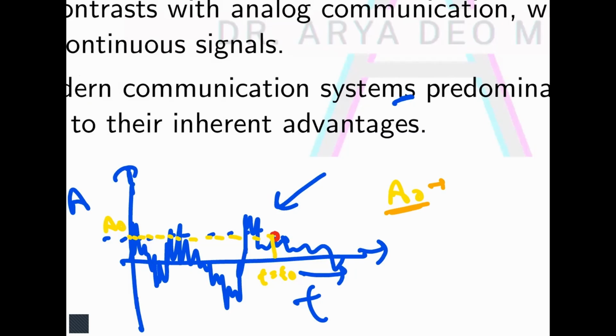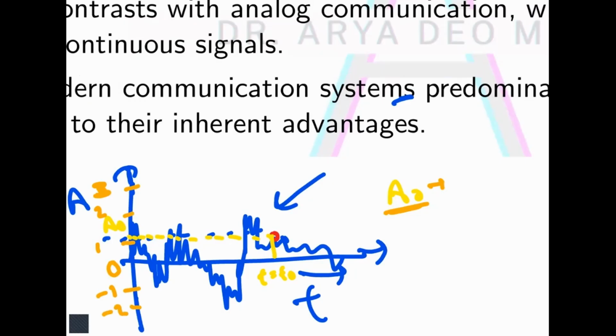Any value, in the sense that here we have 0, and let's give this 1, 2, 3. I'm just giving different levels, and this is -1, -2. Different levels of what? Basically the intensity, the amplitude. So amplitude can take any value, right or wrong.